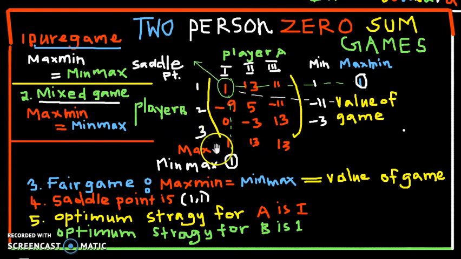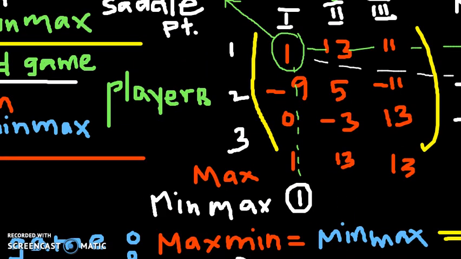So I told you already that this is a matrix. What is a payoff matrix? We call it a payoff matrix. Okay, right. We know that. Now let me expand so that you understand exactly what is what.